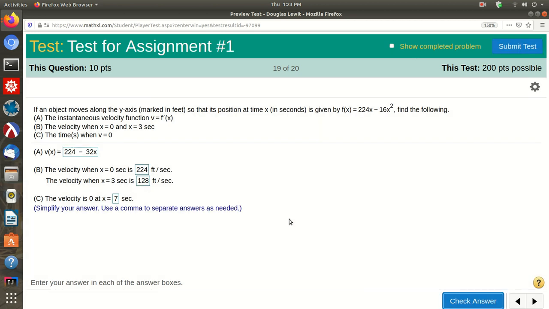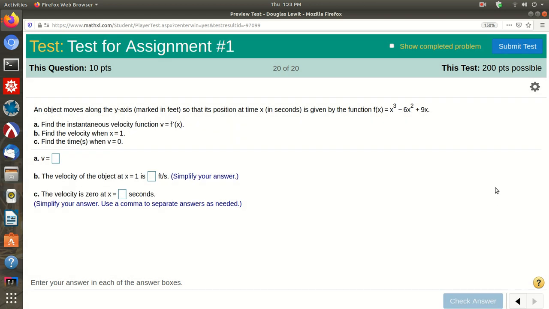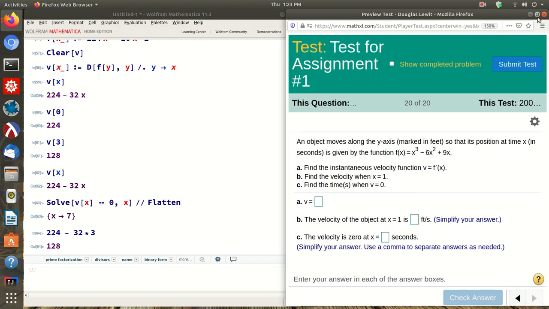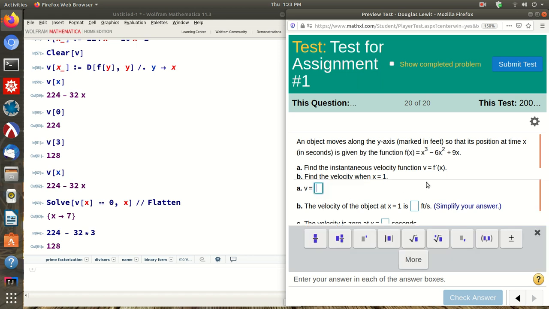And then let's look at the very last question. Same idea as before. An object moves along the y-axis marked in feet so that its position at time x in seconds is given by the function f of x equals x cubed minus 6x squared plus 9x. So I know that the velocity function is the derivative.